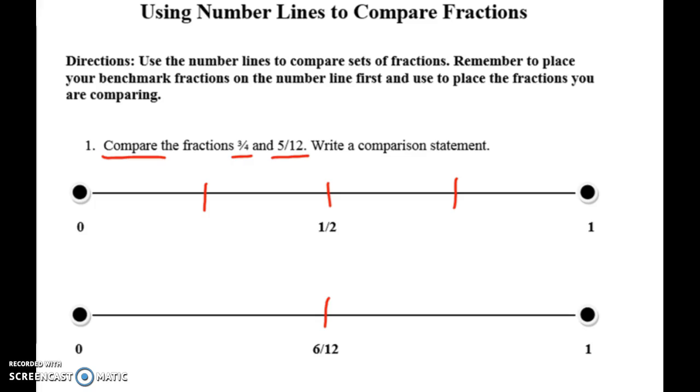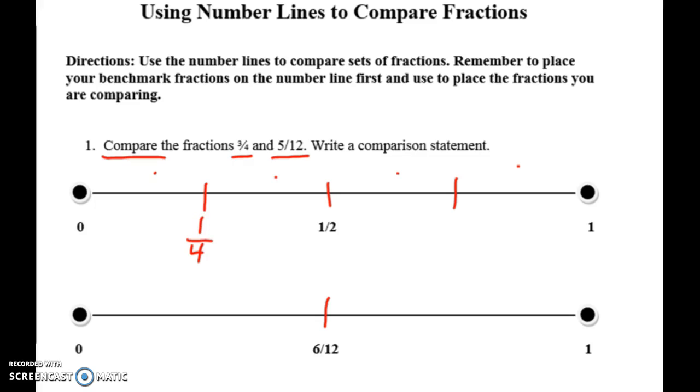So when I'm looking at the top number line, I see 4 parts. 1, 2, 3, 4. This number line is broken into fourths. That tells me that this first mark on my number line is not 1/2, it is actually 1/4.